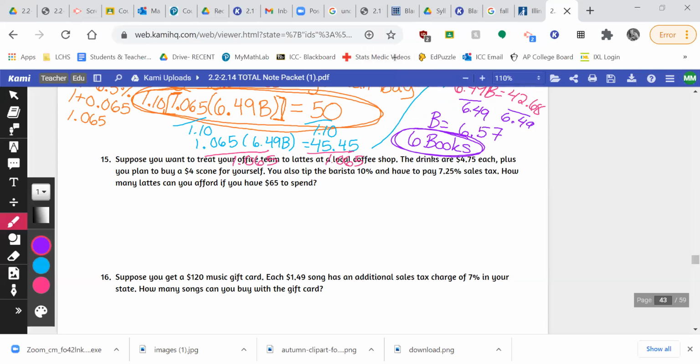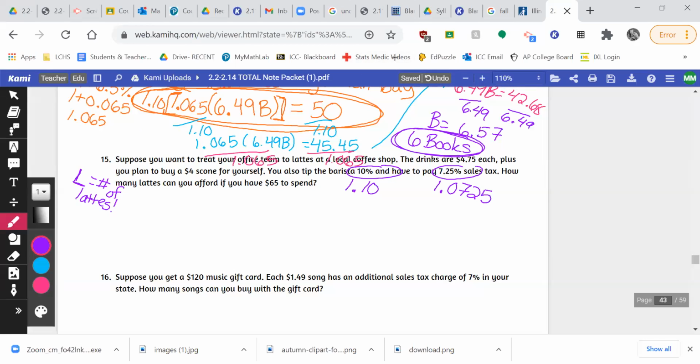Okay, so I'm first going to change these to percents, or change these to multipliers. So this one would be 1.10. This one would be 1.0725. Oh, and also we want to define our variable, which will be L, the number of lattes.